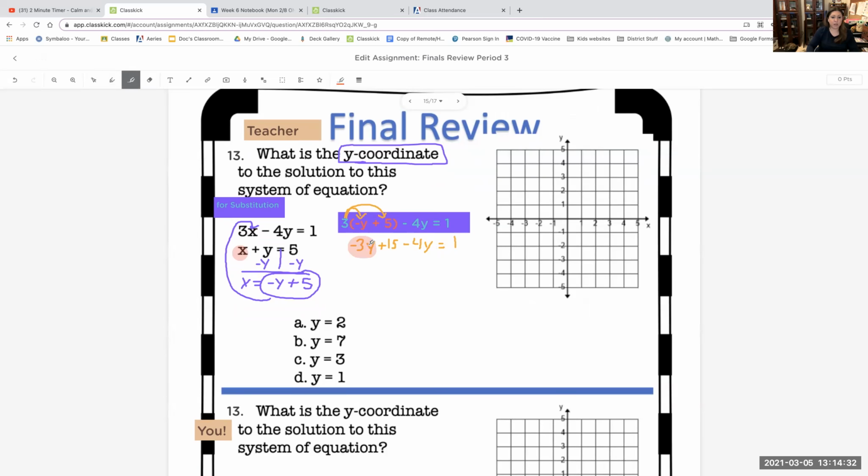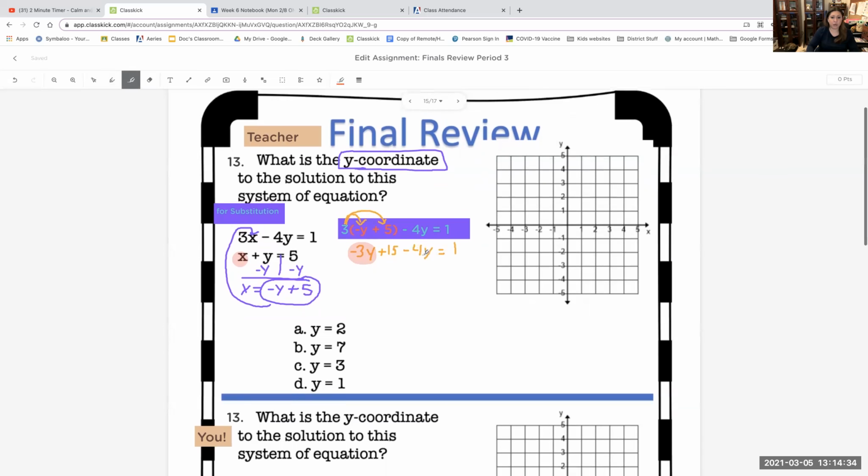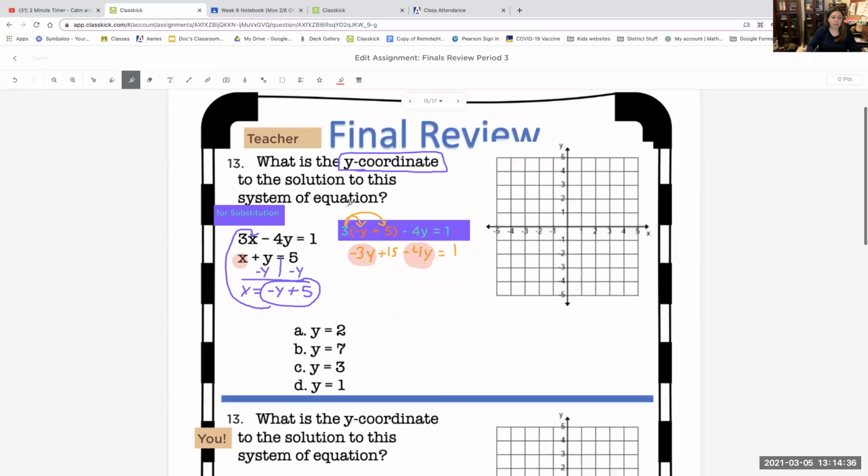I'm going to combine my like terms. So I have a negative 3y and a negative 4y. Both of those are negative, so I know I'm going to keep that negative because I owe you $3. I owe you another $4. So now I owe you 7. Nothing happened to this 15, so I'm going to bring it down. Equals 1.